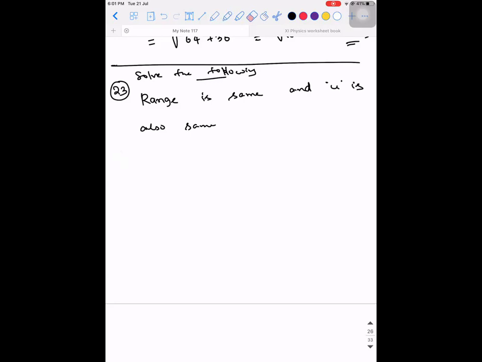So the angles of projection will be theta and, if one of the angles of projection is theta, what will the other angle be? 90 minus theta. So what is the value of T1?